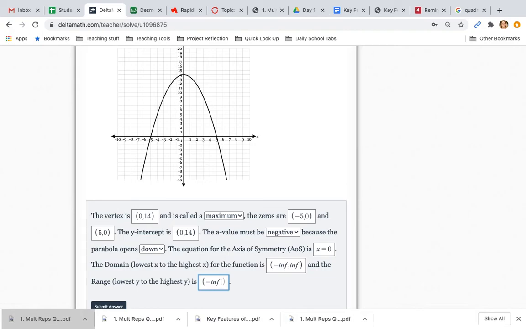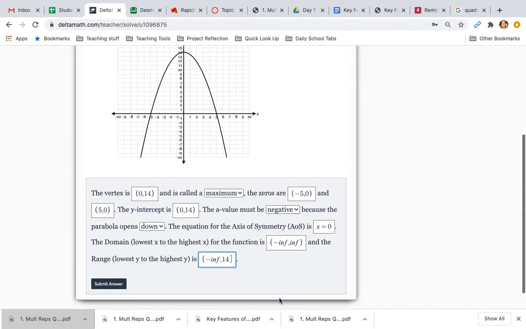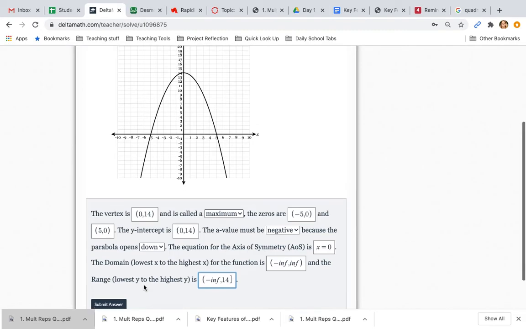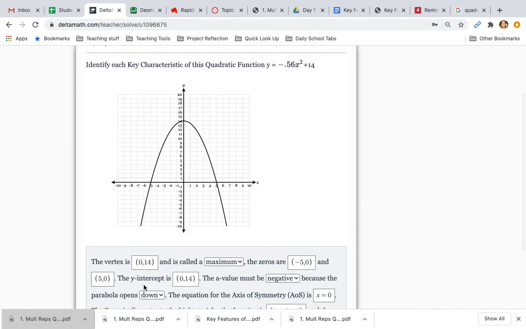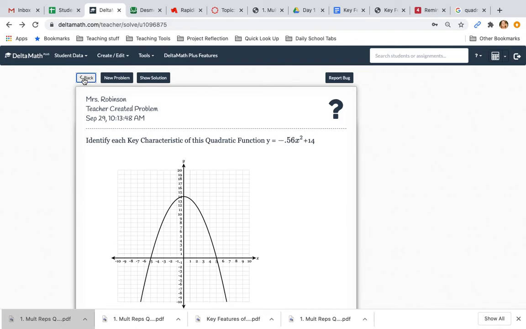If I drag my pencil up, the highest y at this point that's the highest is the vertex, the y from that vertex, which I can also find, look right there, 14, that goes in my range. But because it's a number, I'm going to close it off with a right bracket. All right? And that's it. You're going to submit it, and you're going to do the rest of these problems, okay?